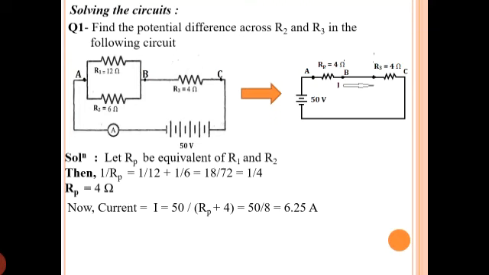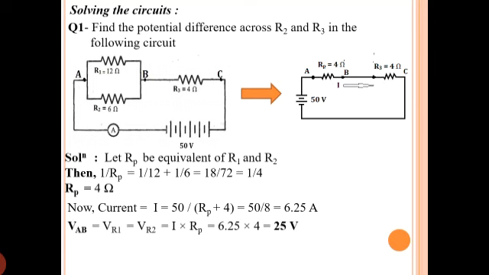Now if we have to find the potential difference across R2 and R1, both are in parallel, so the potential difference across R1 and R2 will be the same, and that will be equal to the potential difference between A and B. Between A and B only these two resistors are connected in parallel, and we know how to find potential difference: V is equal to IR based on Ohm's law.